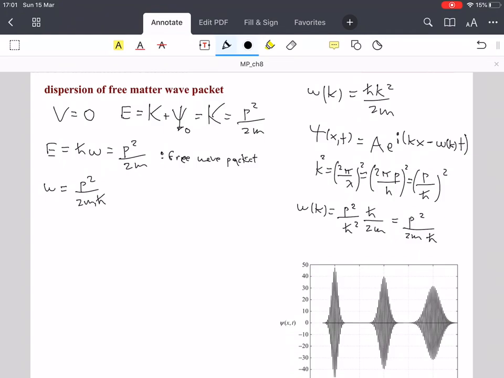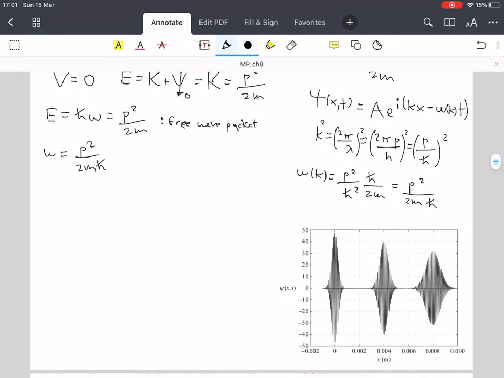Now, why is this important? It's important because whenever we have the omega depending on k, this is saying that the wave packet's group velocity is going to be different than phase velocities. And we can argue, as is done in the lecture notes, that this gives you a situation where over time the wave packet spreads out, it disperses.